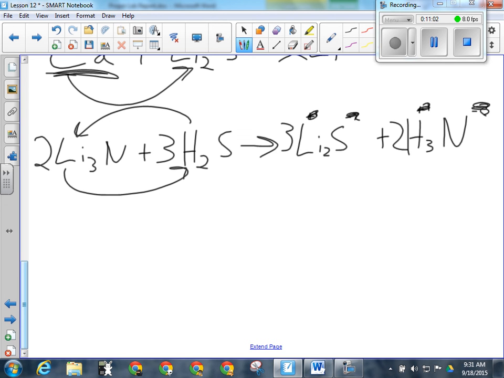Where this gets tricky is if I give you the reaction in word form. If I give you the reaction in word form, then you've got to write the formulas correctly. Otherwise, you won't get the products correct, you won't get the balancing correct, and you end up getting like 1 out of 4 on a question like that.